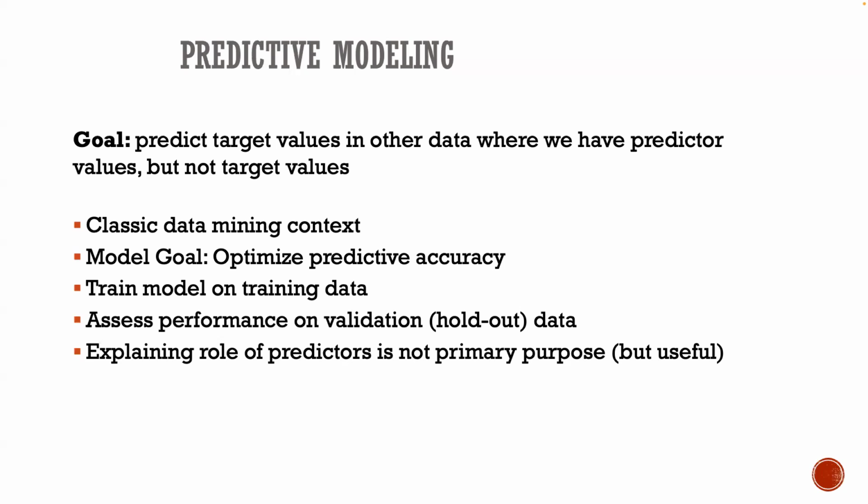And we are not necessarily interested in explaining the role of these predictors. That's not the goal of these models. Although it's important to know what these predictors are doing, it's always helpful to understand how the weight might be increasing or decreasing the price, etc., because that gives us a context of that situation, but it's not the primary objective.